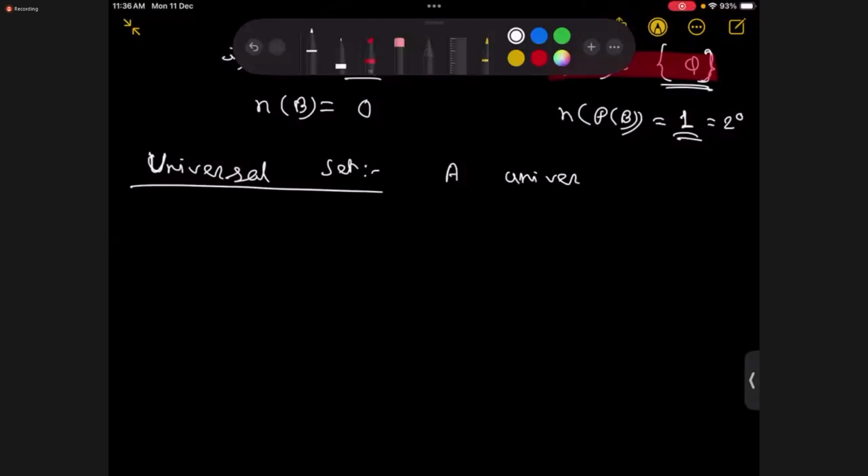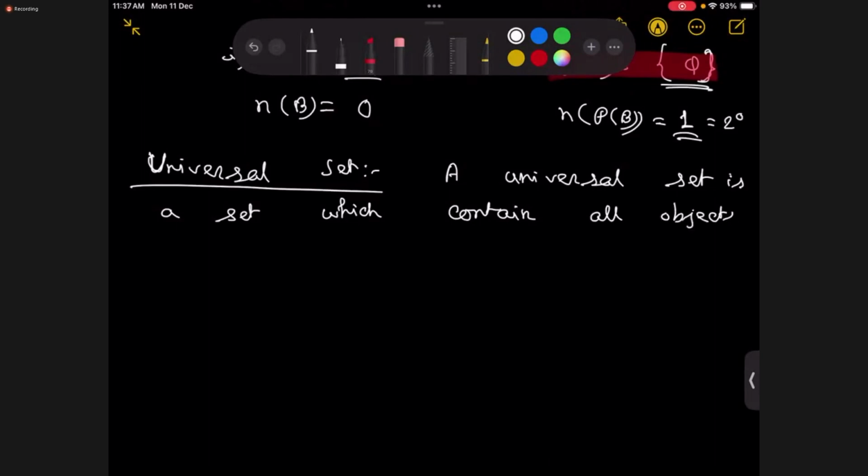A universal set is a set which contains all objects including itself.